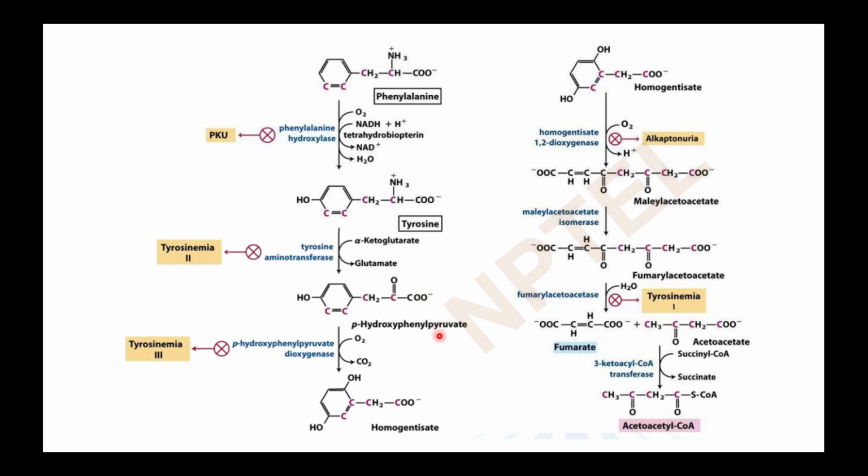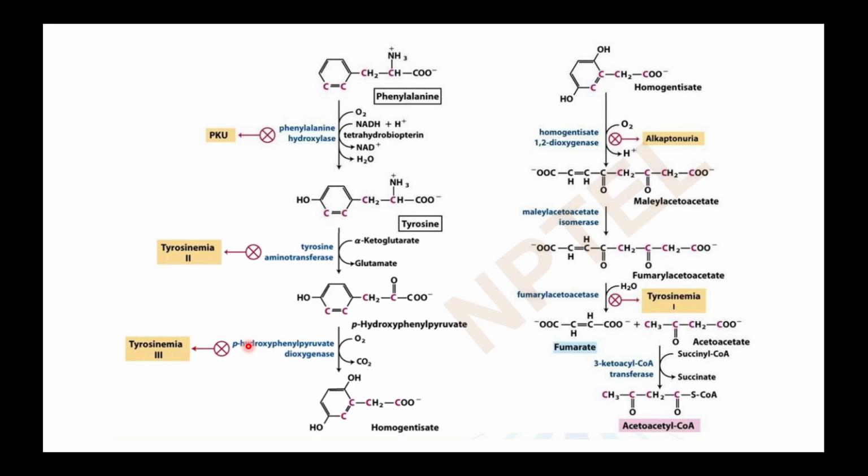Then the next step is the conversion of hydroxyphenylpyruvate into homogentisate. This is done by the enzyme parahydroxyphenylpyruvate dioxygenase. It's a dioxygenase. It adds the 2 oxygen molecule. It basically adds 2 OH groups. And the defect in the enzyme parahydroxyphenylpyruvate dioxygenase is known as tyrosinemia type 3.